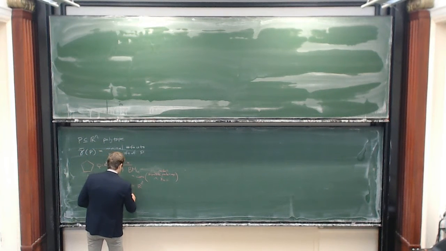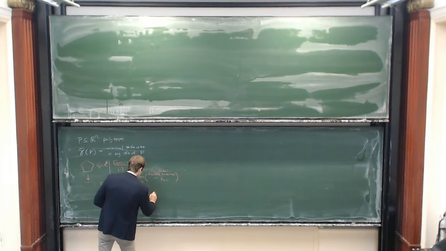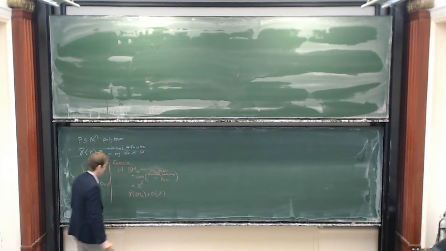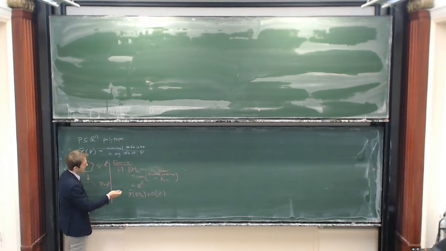So the first exercise is just to show that this gamma is at most, it seems like n squared is the correct answer. Okay, n squared. For this one I'll even just give the hint.